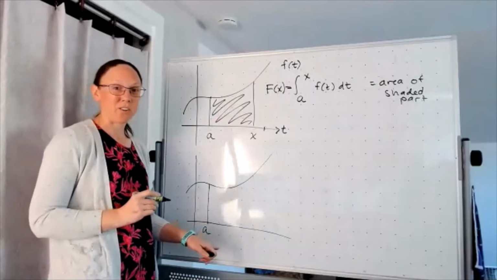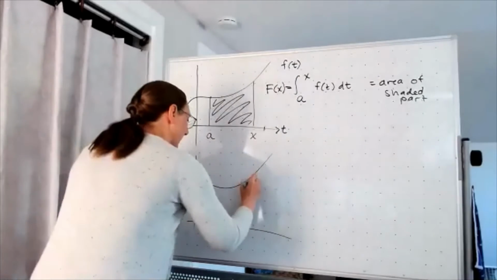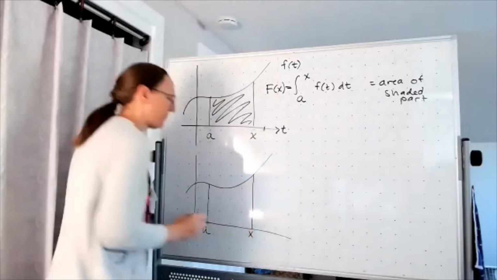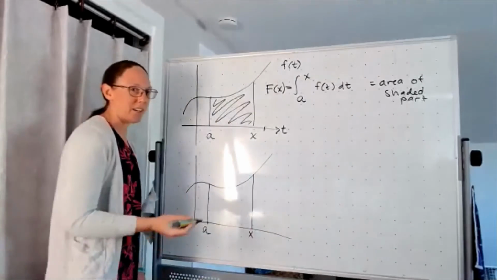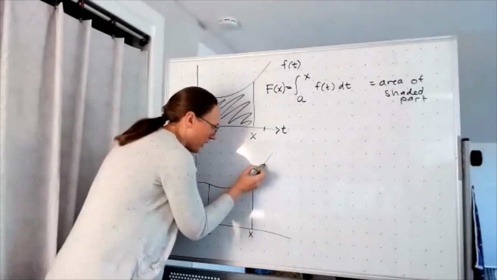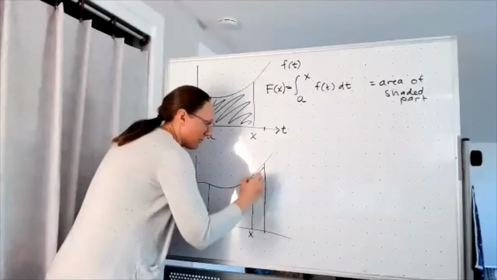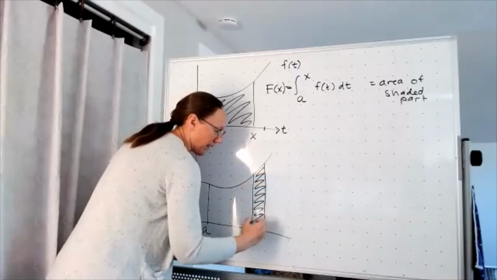What if I didn't want to get the area from a to x, but what I actually wanted was some little skinny area out here.